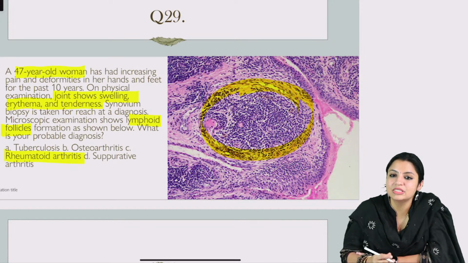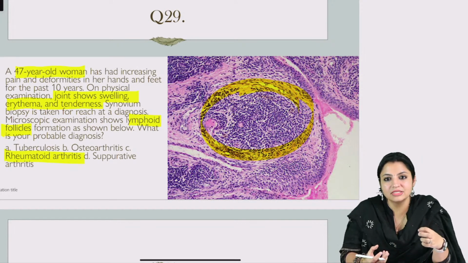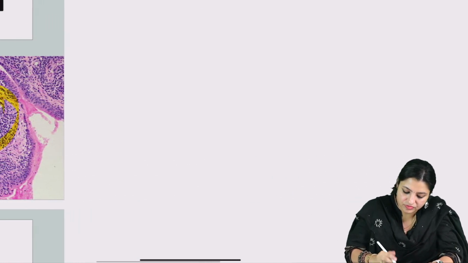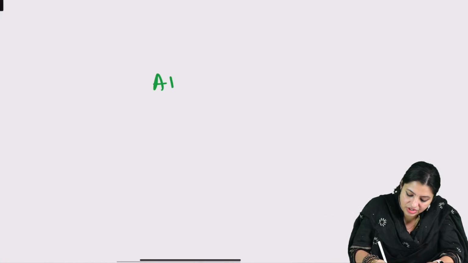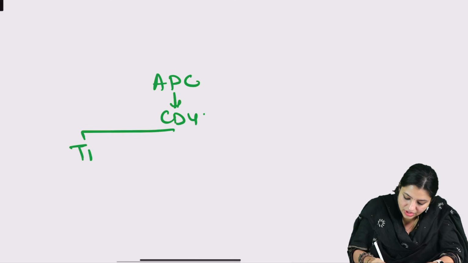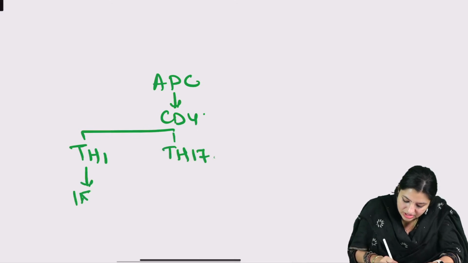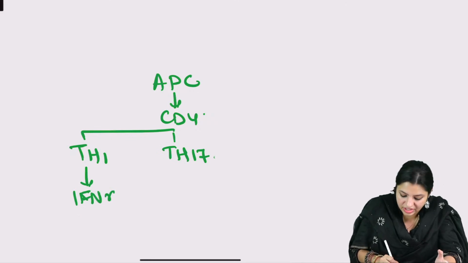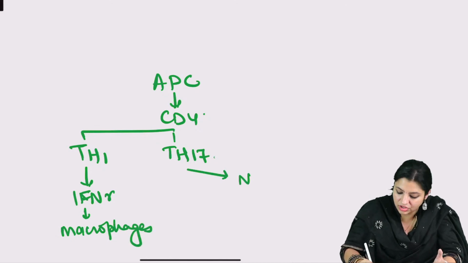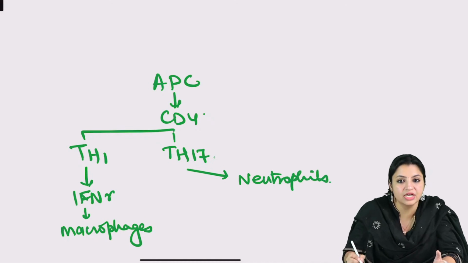So basically what happens is the antigen presenting cells present the antigen to CD4, and these CD4 cells will either change into Th1 or they will change into Th17. Th1 means they will release interferon gamma and activate the macrophages. Also, they will activate Th17 to activate the neutrophils.